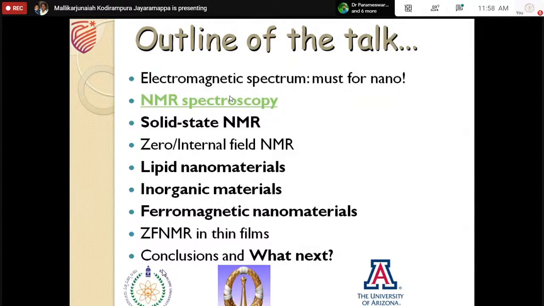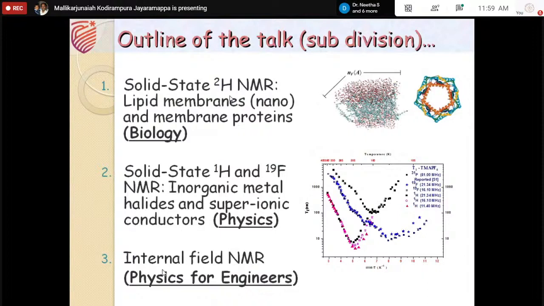Now, right now we introduced the electromagnetic spectrum and NMR spectroscopy, and we talked about solid state NMR also. As I mentioned, solid state NMR is nothing different. Our systems will be in solid form or a sort of gel form.